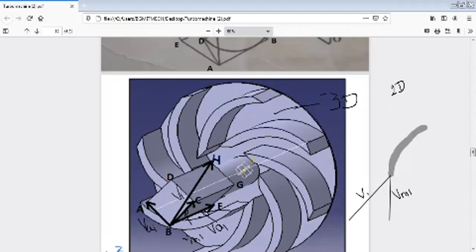This is upside like this, which I have drawn here, and this is a tangential component. This one I will draw here. This is the tangential step like this.